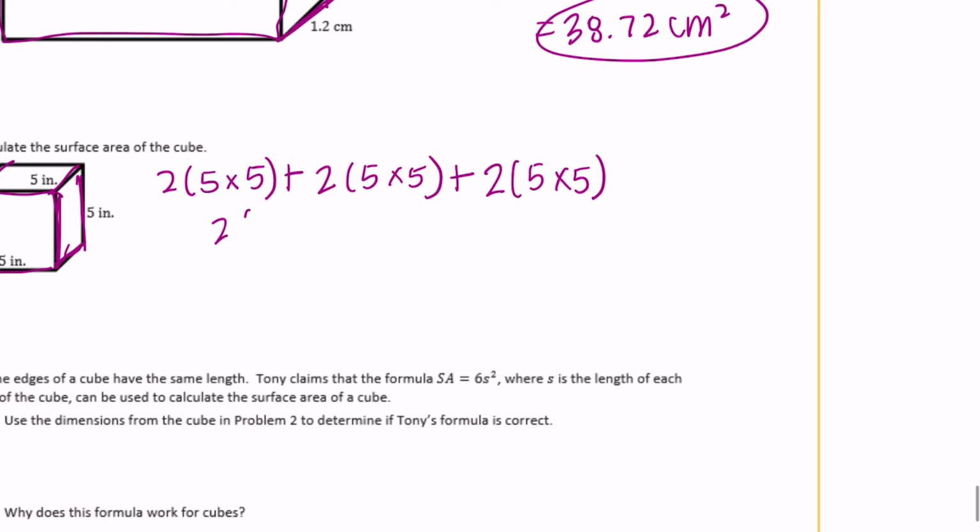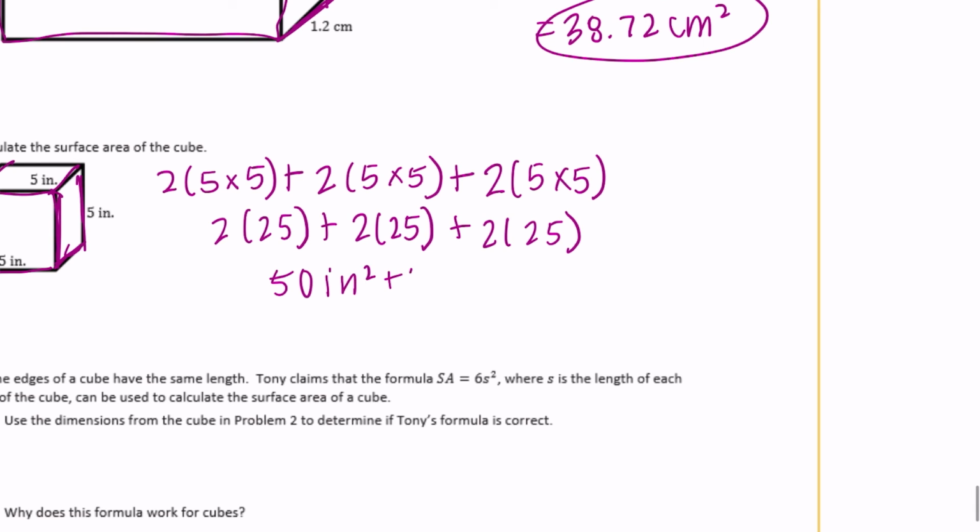So we have 2 groups of 25 plus 2 groups of 25 plus 2 groups of 25, or 50 inches squared plus 50 inches squared plus 50 inches squared would equal 150 inches squared.